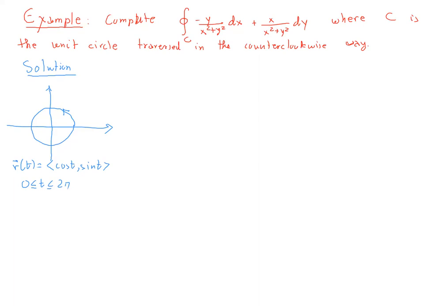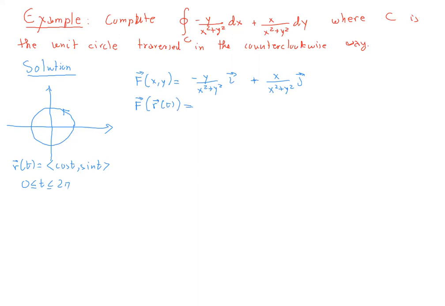Okay, so what is the underlying vector field? Let's identify it: minus y over x squared plus y squared i, and x over x squared plus y squared j. And what is its pullback to the domain of the parameterization?